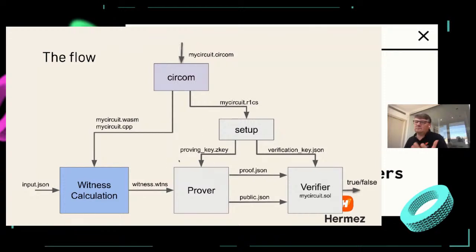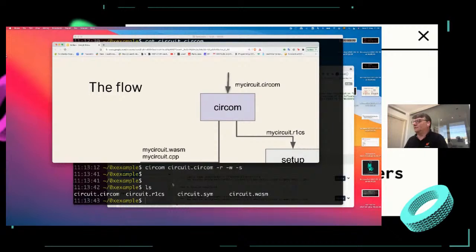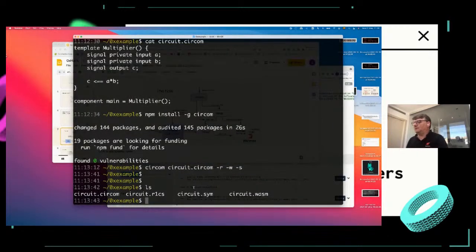Okay, so let's go and do it. The first thing is, well, first I need to install snarkjs. snarkjs is the tooling that we are using for all the cryptographic work: doing the setup, proving, and verifying. So first thing is npm install snarkjs.